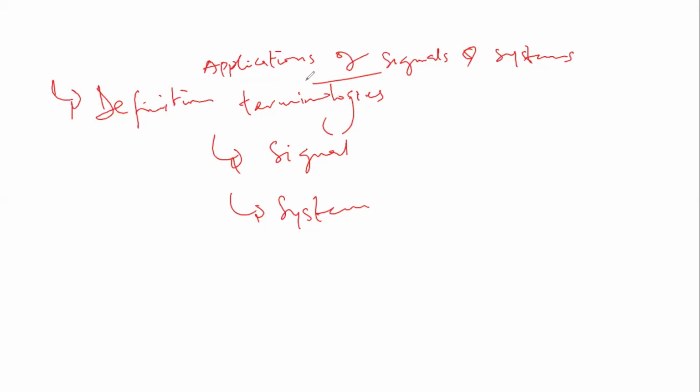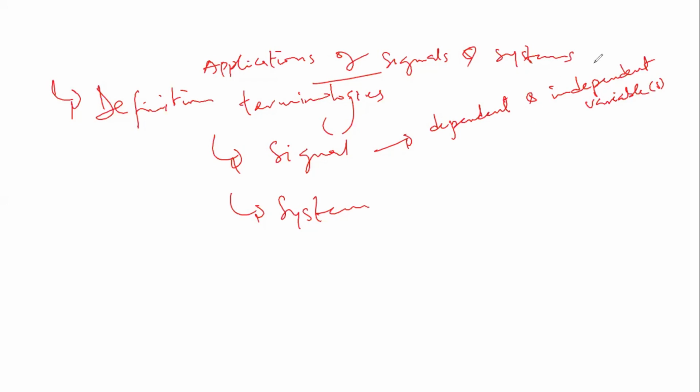So meaning, for us to have a signal, we must have dependent and independent variable or variables. And then we see how these things interact.